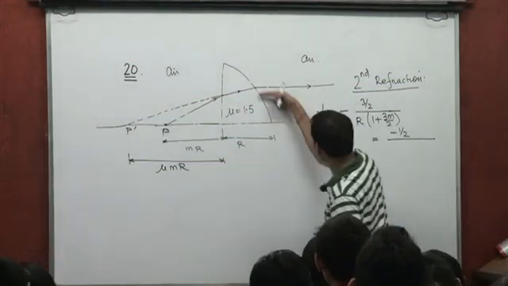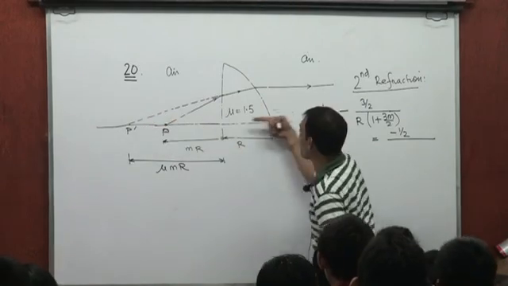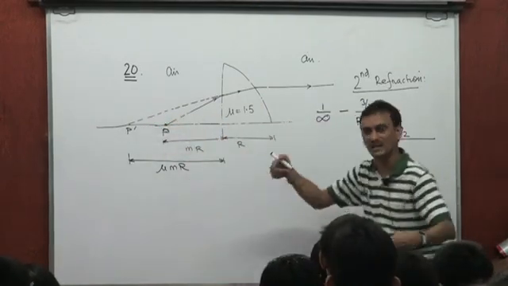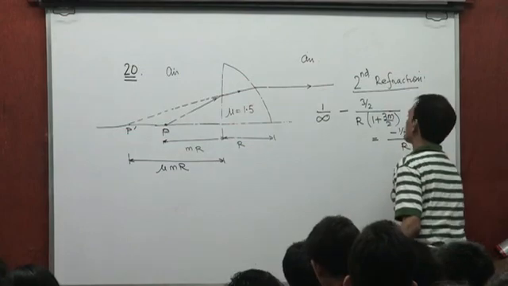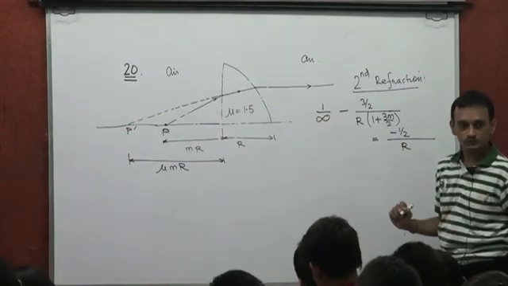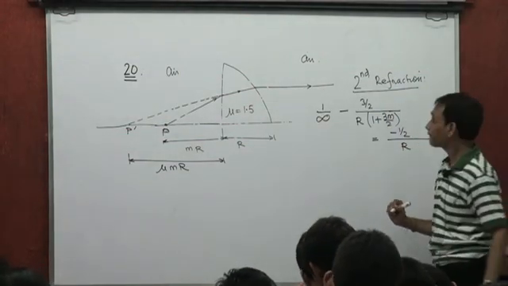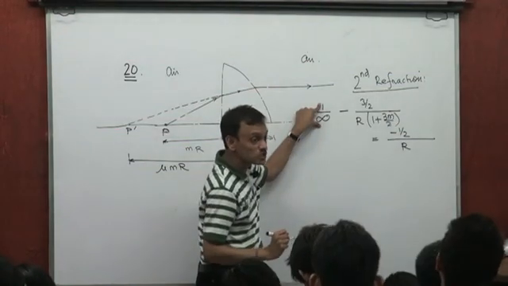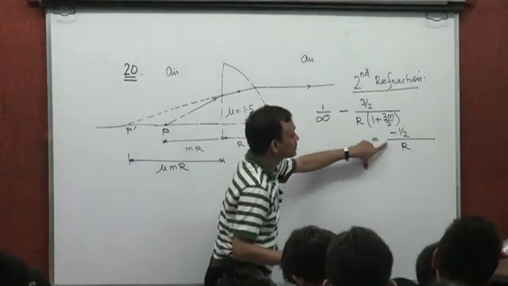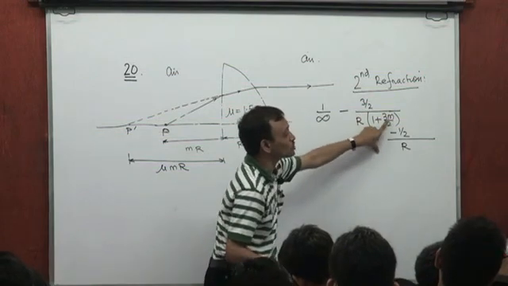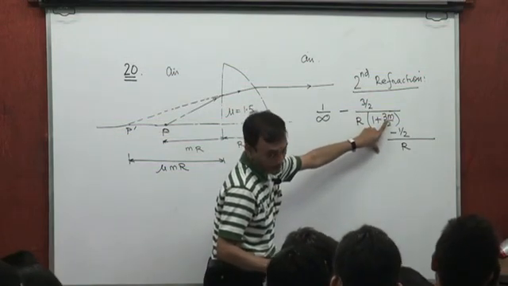The center of this lies somewhere here, so measured opposite to the direction of the incident ray. So plus r. This becomes 0. And from this equation, r will get cancelled and you can solve for m.